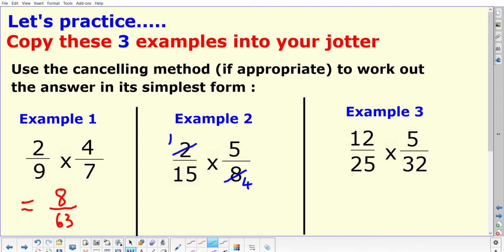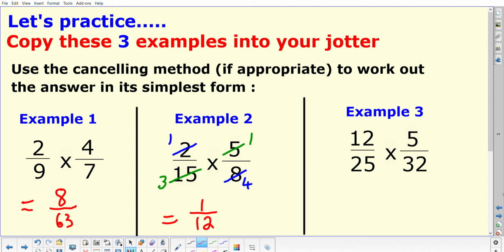Then looking at the other pair, you've got 5 and 15, so you're going to do 5 into 5 goes 1, 5 into 15 goes 3. There is no other cancelling to do there, so you're then left with 1 times 1 on the top, which is just 1, and 3 times 4 on the bottom, which is 12. So your answer would be a 12th.